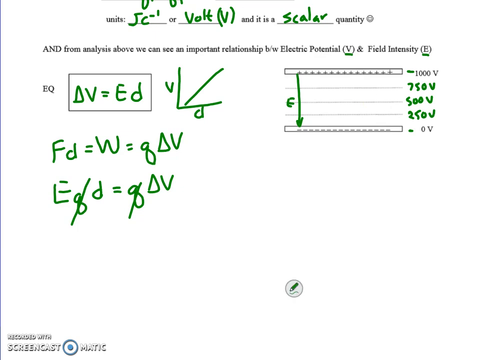I could have 1 Q, I could have 1,000 Q. The potential is the same because of where it is, at 750 volts. If I want to know how much energy it has, U, then I simply say it's Q times V. And we see that V changes with position, E does not. So let's try a few problems to help illustrate this more.